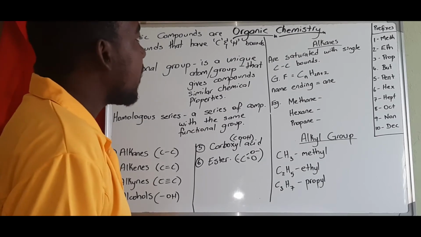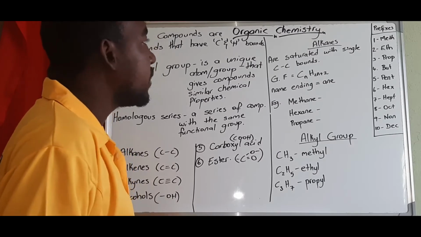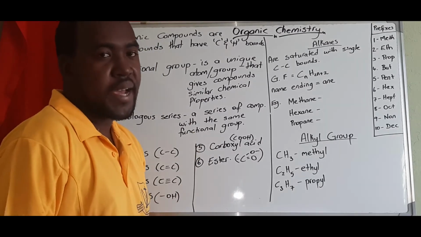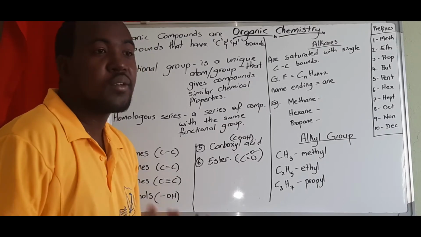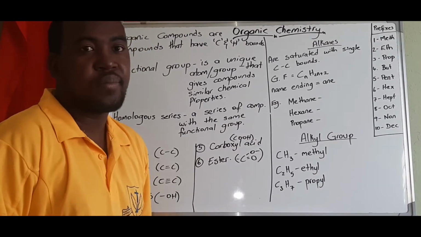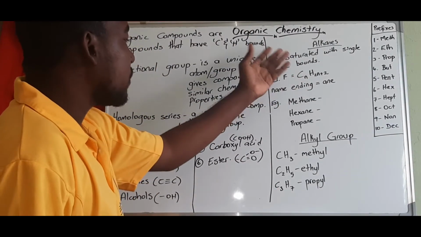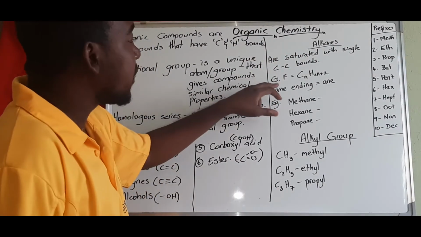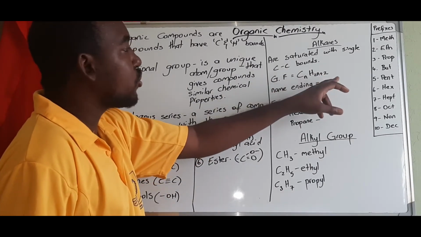Alkanes are known as saturated compounds because they contain the maximum number of hydrogen atoms. There is no double or triple bond, so it only contains carbon and hydrogen, with single bonds between the carbons. Its general formula, which is important, is CnH2n+2.